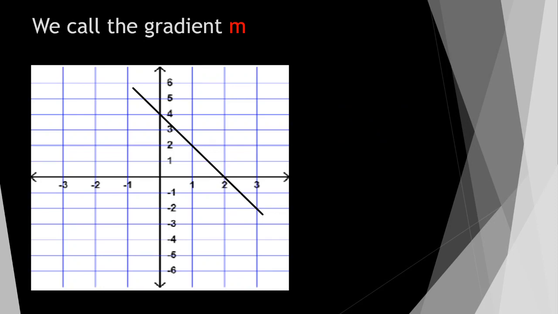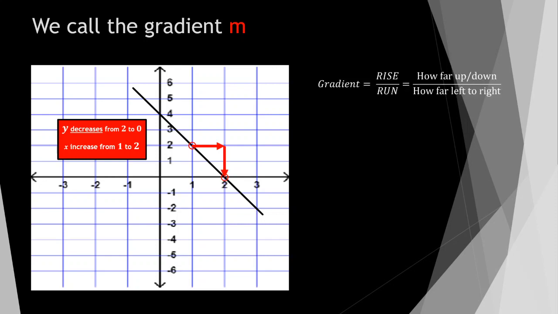Remember that when we tried to find the gradient, we had two different points. We figured out how far across it has gone from left to right in the x values, and it's gone from 1 to 2 here. And how far up or down it's gone in the y values, and it's gone down 2 values here, from 2 to 0.